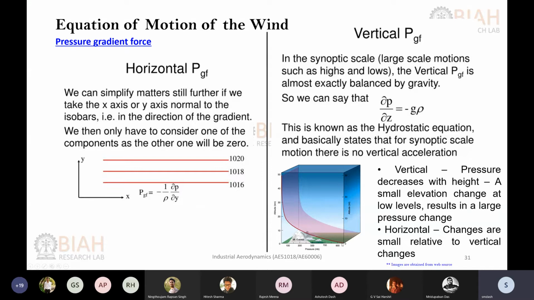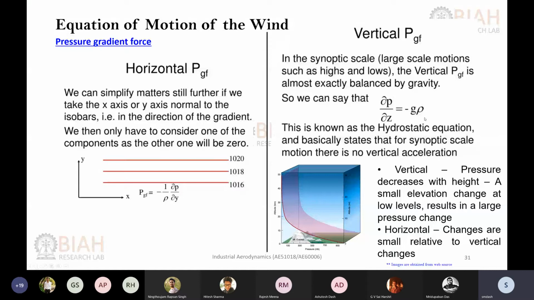When we come to the vertical pressure gradient, which is when you move higher in the atmosphere, generally the pressure varies significantly. With a slight change in height there can be a very significant change in pressure, but up to a certain altitude. Generally in the troposphere or up to the stratosphere, the change in pressure is quite large. This is the graph showing the change in pressure. This change in pressure in the vertical direction you can simply correlate with the hydrostatic condition.